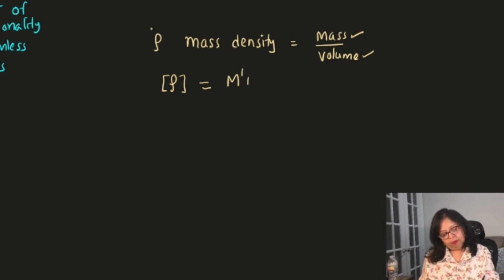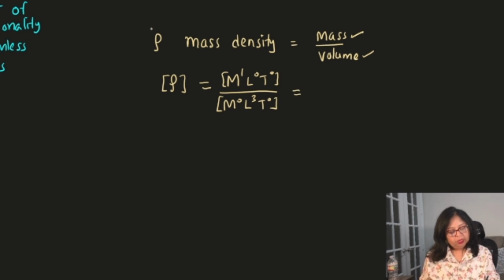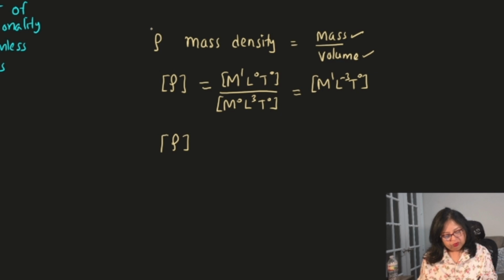That is M1 L0 T0 for mass divided by M0 L to the power 3 T0 for volume. Combining all this gives you M1 L to the power minus 3 T to the power 0. So rho's dimensional formula is [M1 L-3 T0].